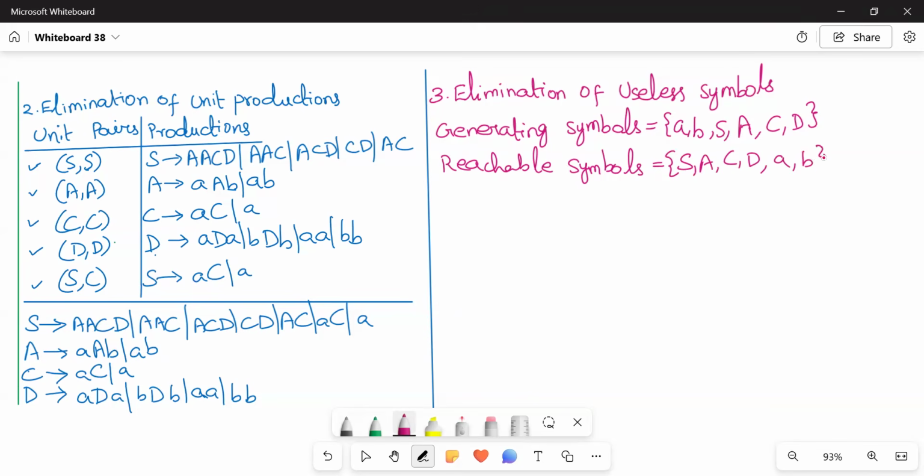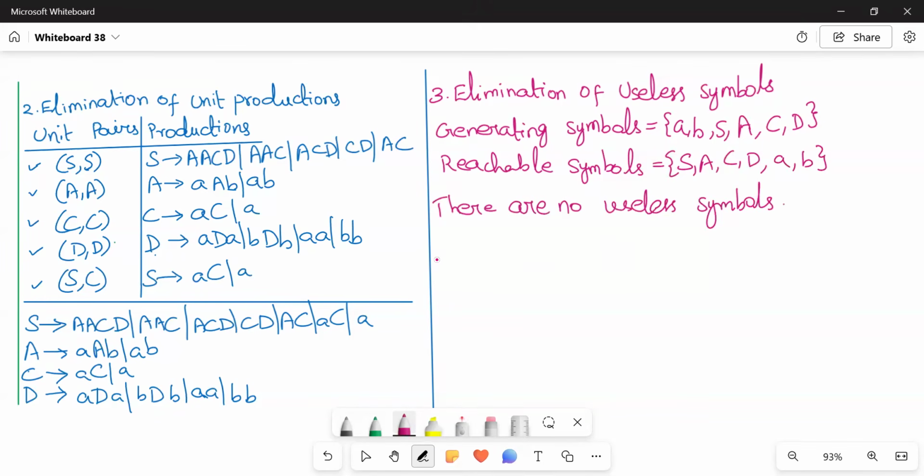So there are only 6 symbols. All symbols are reachable symbols also. So no need to eliminate any symbols here. Okay. So there are no useless symbols in this grammar. Okay.